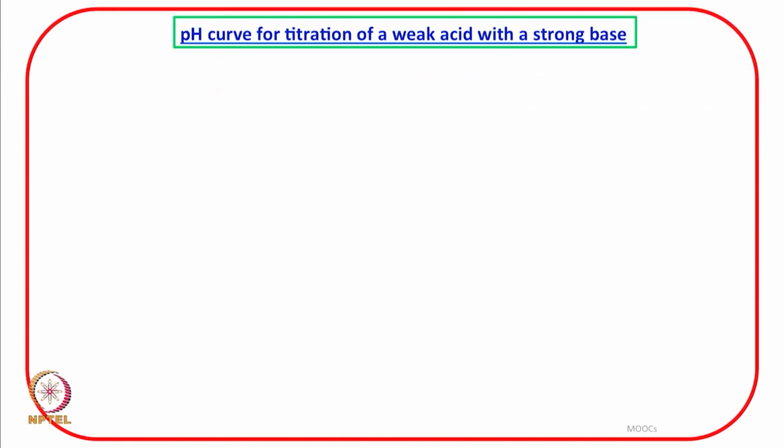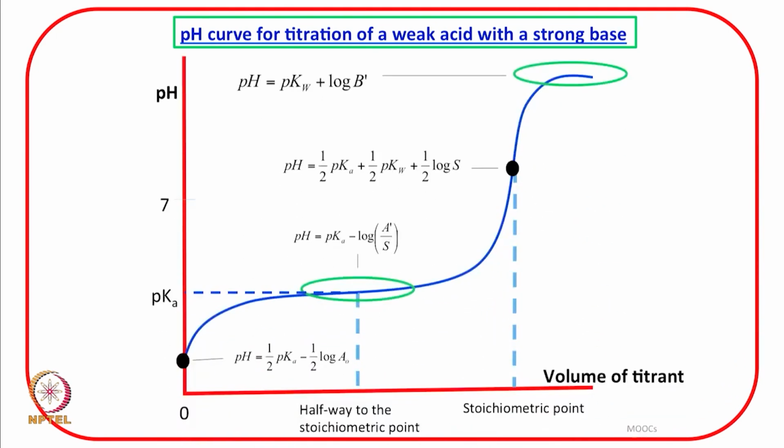And let us talk about the pH curve for titration of a weak acid with a strong base. This is the type of curve that we discussed in the previous lecture, that one will obtain when you titrate a weak acid with a strong base. Let us try to identify different regions.